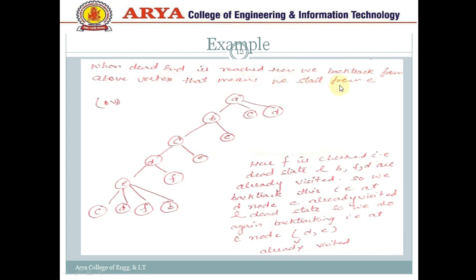That means we start from E. Now we can see this E has the 4 neighbors like C, D, F and B. Now F is already checked, that is the dead end, and B, C and D are already processed or visited. So this is also dead end, so we do again backtracking and we reach at the next node.